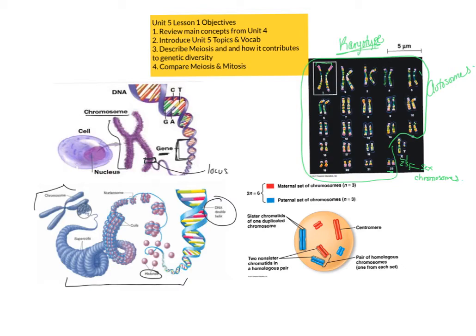And what that means is that, remember, we have 23 pairs of chromosomes. For each chromosome number, that means we get one of that chromosome from one parent and the other copy of that chromosome from the other parent. And so we refer to this as a homologous pair, meaning that it is representing the same chromosome number, although as we'll see in this unit, there can be slight differences between homologous pairs of chromosomes.